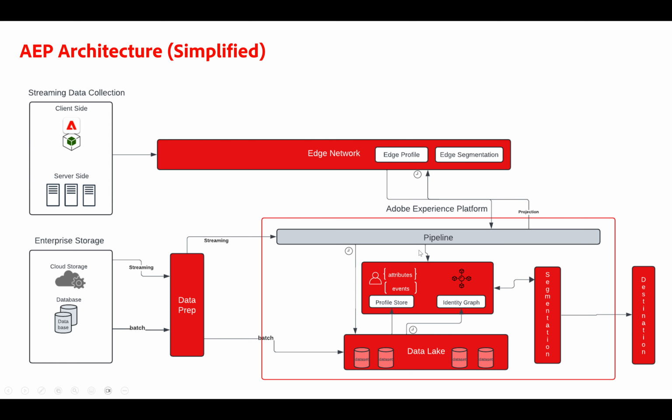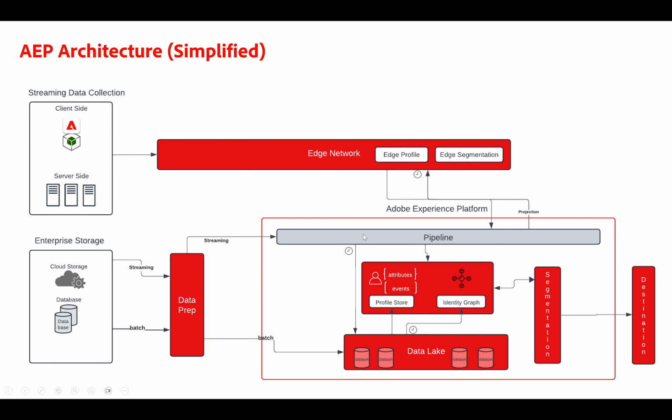And therefore the pipeline knows that here is the key, because each message, each payload you are sending to AEP is going to have an identity, what we call a primary identity for the main one, because you can have more than one. For example, my email address would be my primary identity and my ECID would be my secondary identity. So we're going to link them in the identity graph.